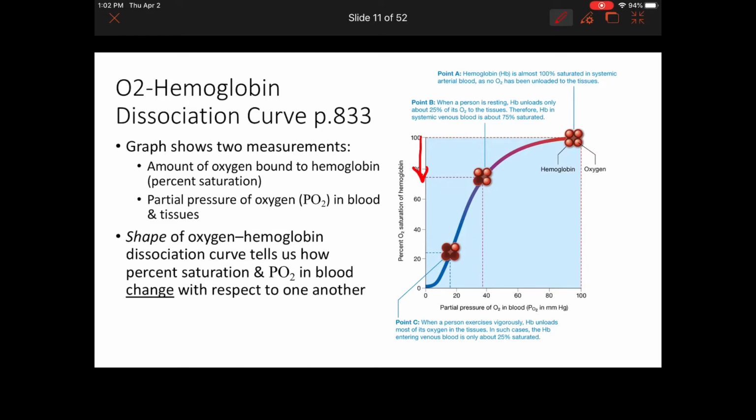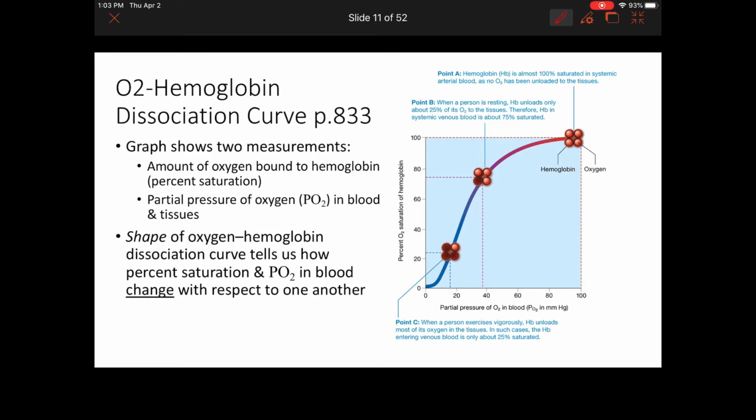But if you decide to get very active, go out and run or participate in some exercise, or where metabolic demands are significantly higher, particularly for oxygen to make ATP, the hemoglobin has the ability to unload a good portion of the remaining oxygen.